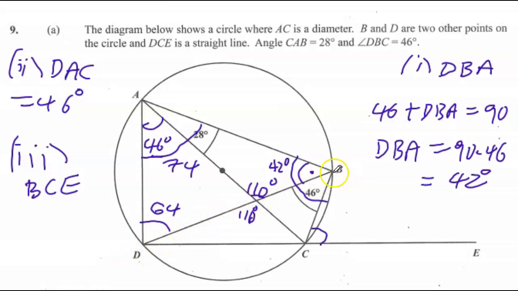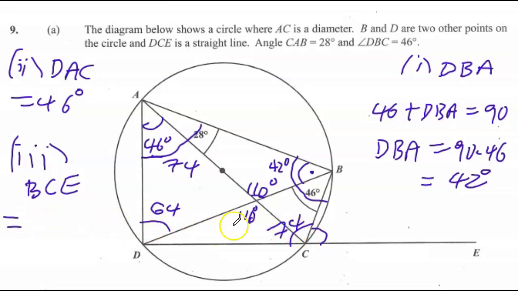Notice the chord BD forms an angle on the circumference, angle A, which is 74. So this angle would also be 74 degrees. Remember, angles on a straight line add to 180.